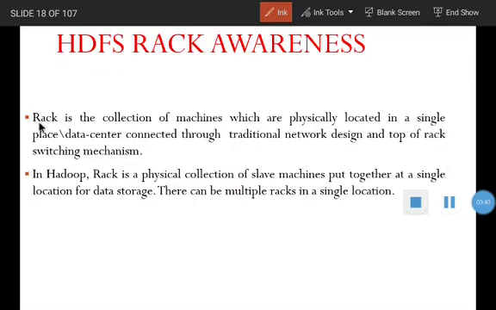A rack is nothing but a collection of machines which are physically located in a single place or data center, connected through a traditional network design and top-of-rack switching mechanism. In Hadoop, a rack is a physical collection of slave machines put together at a single location for data storage. There can be multiple racks in a single location.